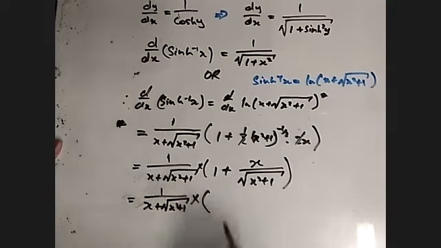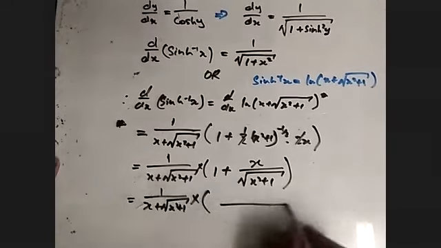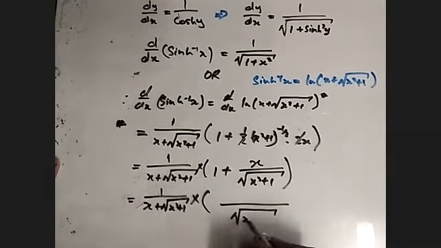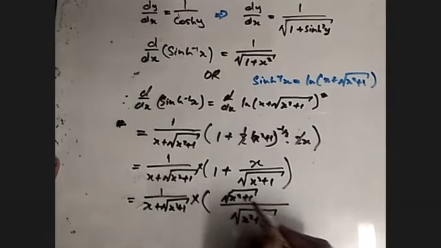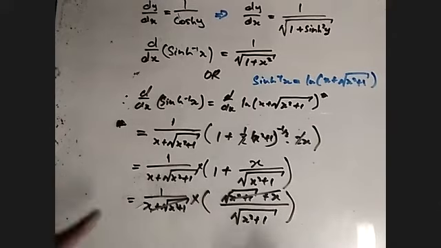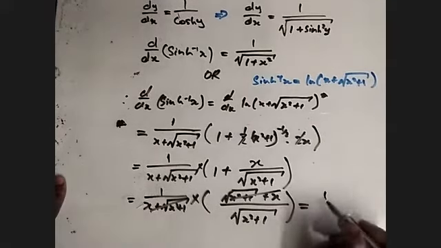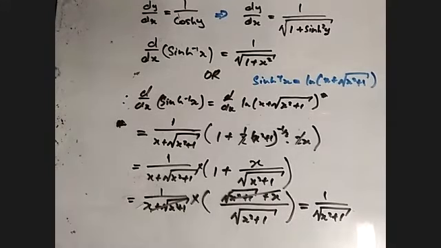So I'm going to skip the step where I'm going to show that this is equal to this over there and just write the square root of x squared plus 1. And here we're going to have the square root of x squared plus 1 plus x. And then you can see that this and that give us the very same solution. Our solution becomes 1 over the square root of x squared plus 1.